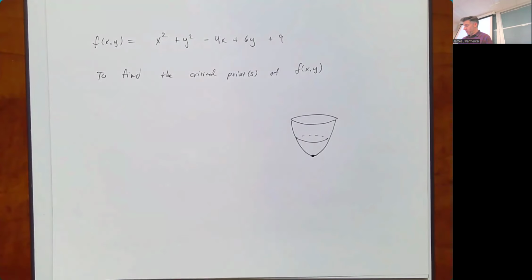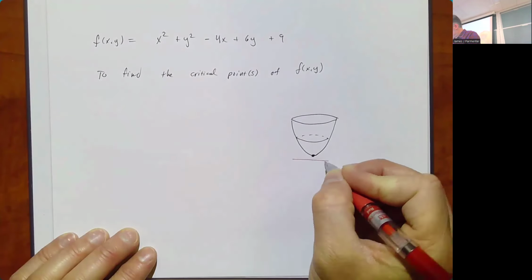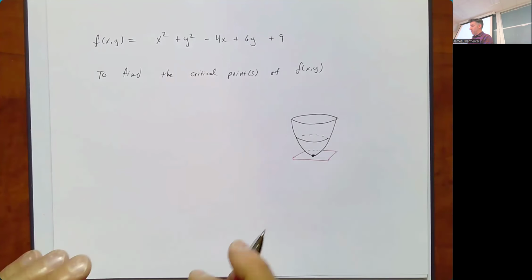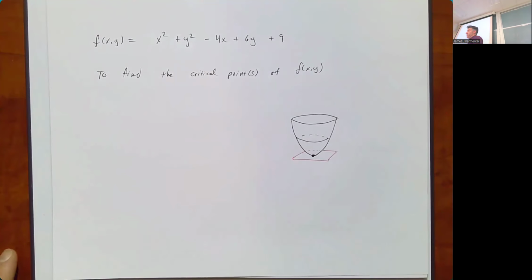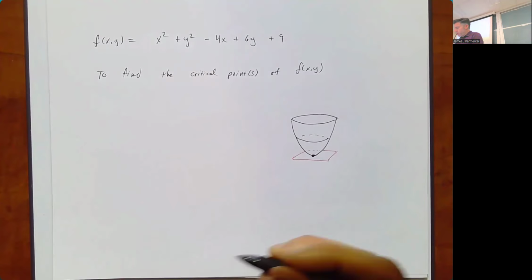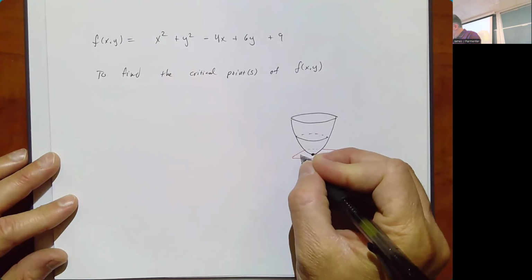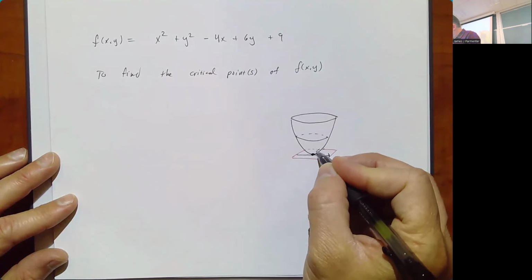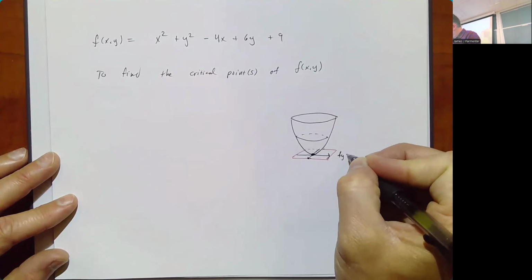If I draw the tangent plane here, it just looks like I'm touching a plane that's sitting flat, meaning the derivative in any direction is going to be zero. If your plane is horizontal, you're not going up or down as you move along it. So both the derivative in the y direction and the derivative in the x direction have to be zero.